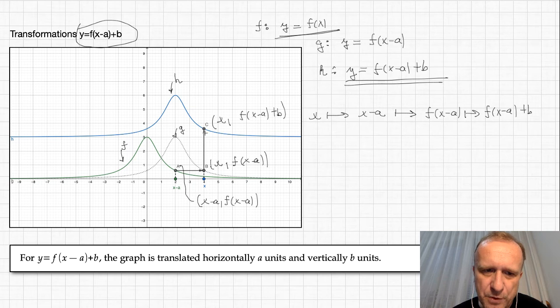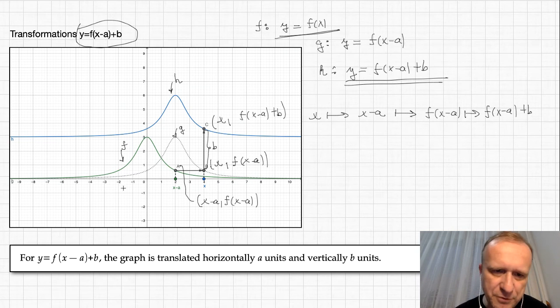And you see that the point C is related to the point A by two translations. First, A is translated by a units to the right, and then the resulting point B is translated by b units upwards, and thus you obtain point C. This was b because you added b to the function value of point B. Now let us see what happens if we move the original point x.